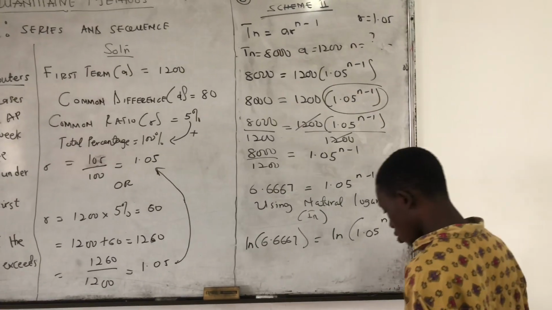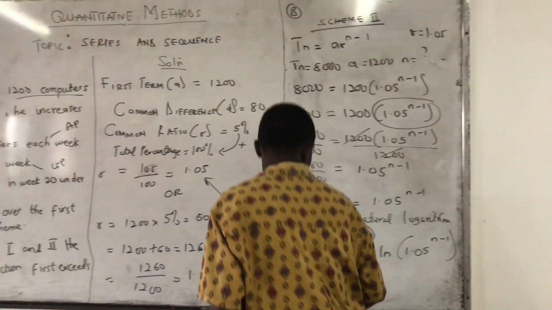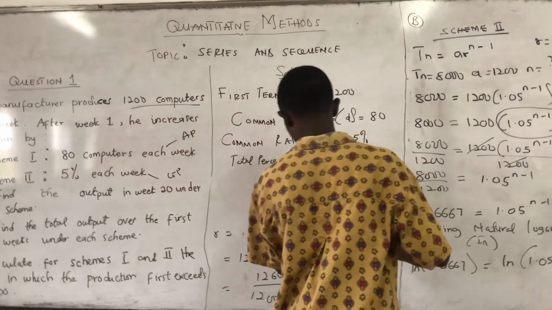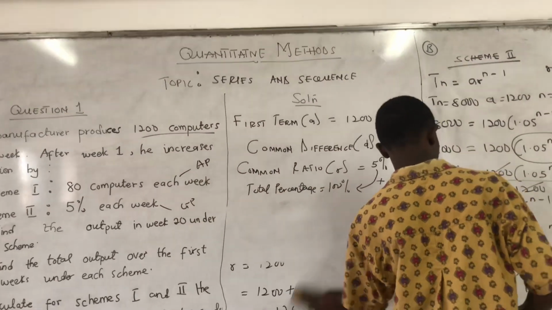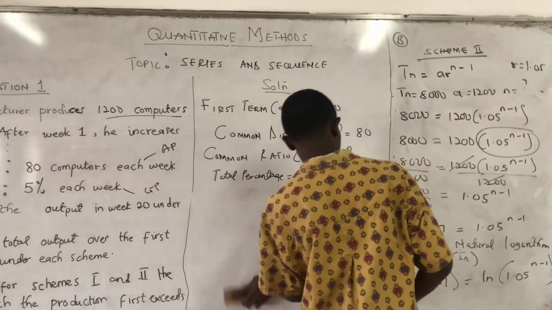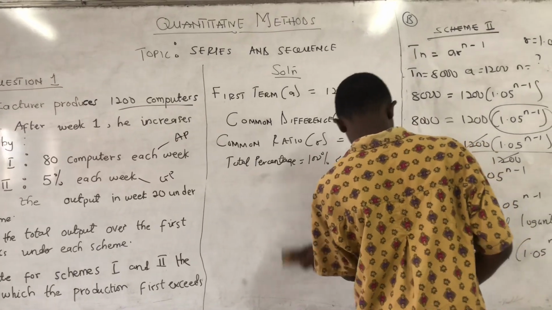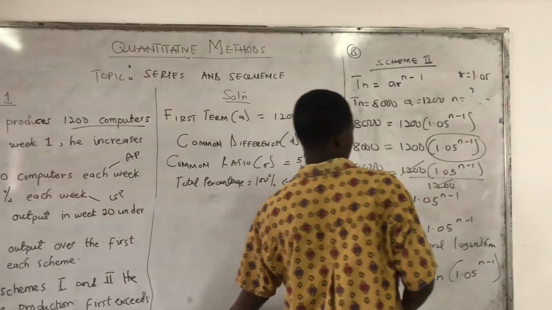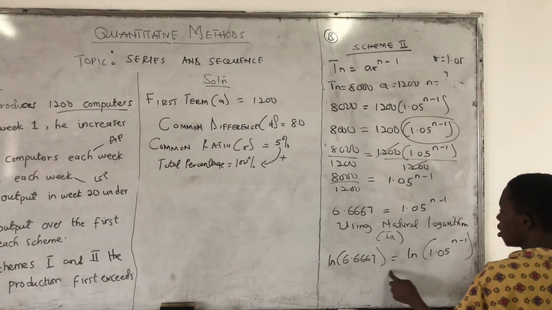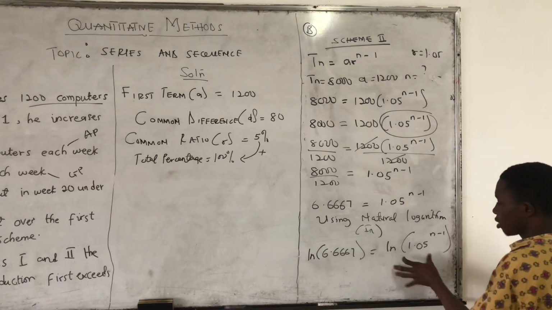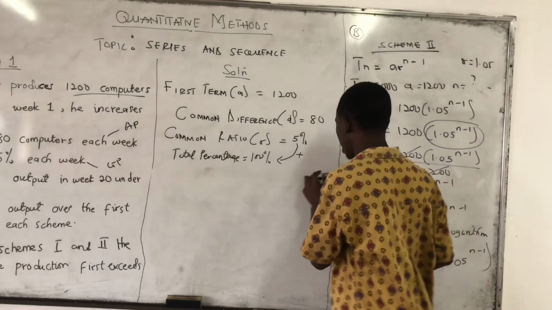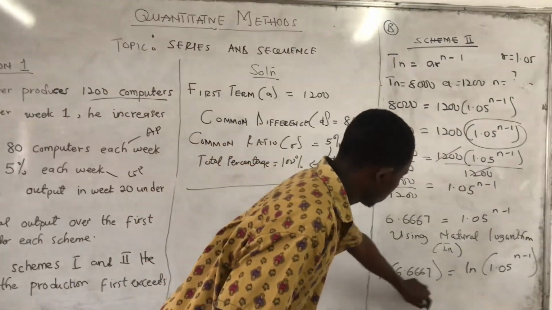Okay, so now let me clear that side. Now, we have ln of bracket 6.6667 is equal to ln of 1.05 to the power n minus 1. I'm continuing from the side. Let me do the arrow so you get it.